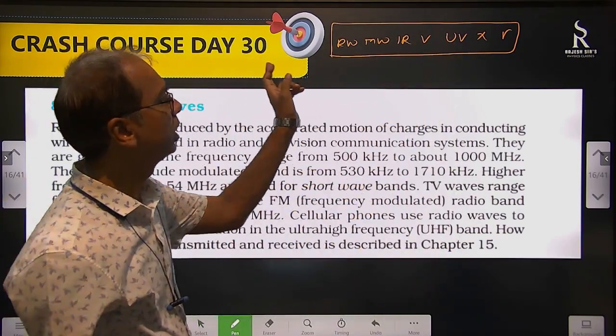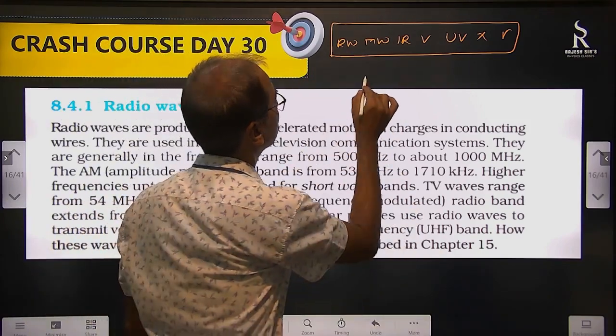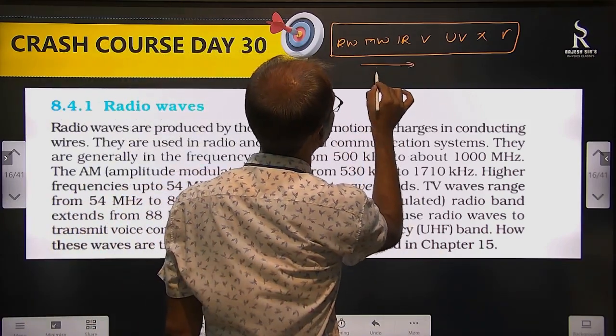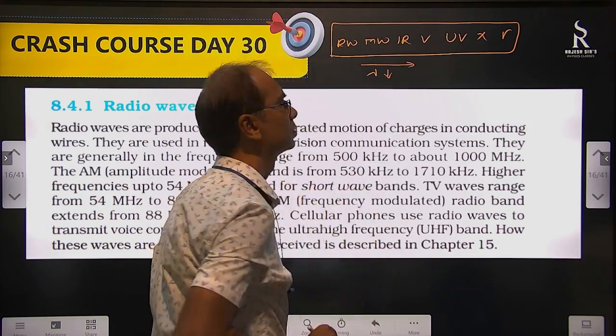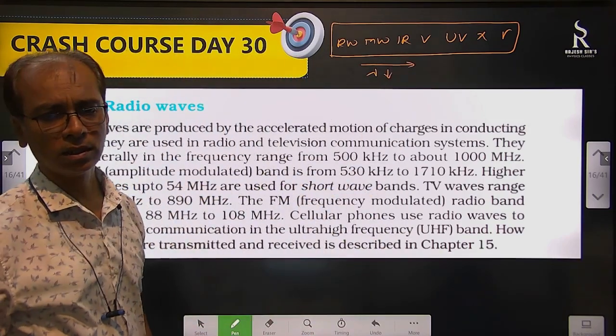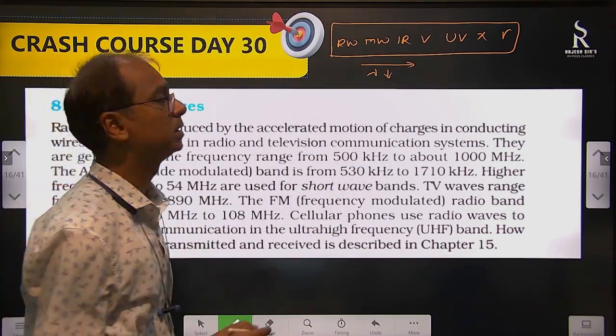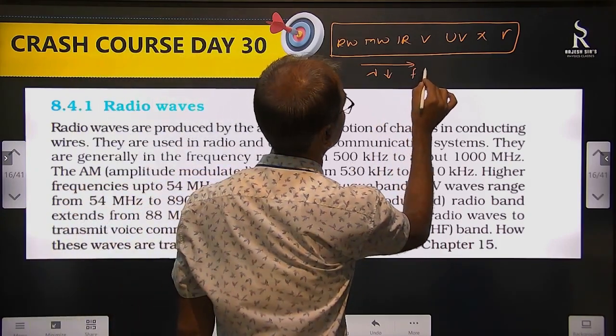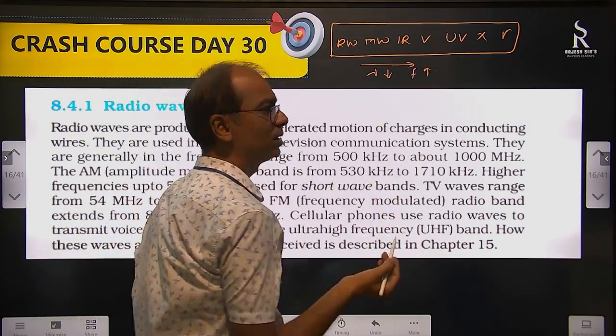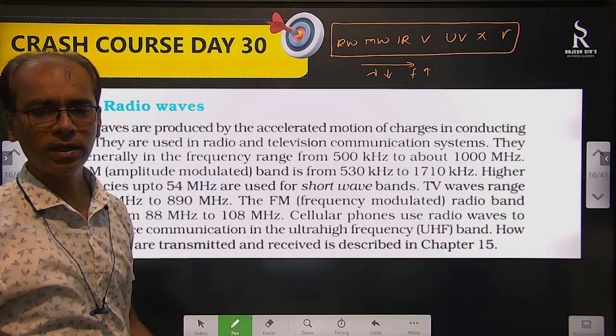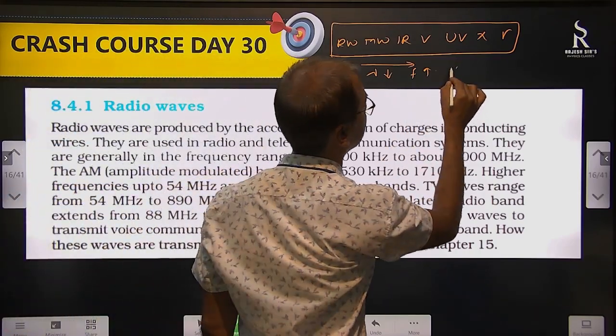When we move from radio waves to gamma, wavelength is decreasing and frequency is increasing. And what about speed? Speed is the same, the speed of light.